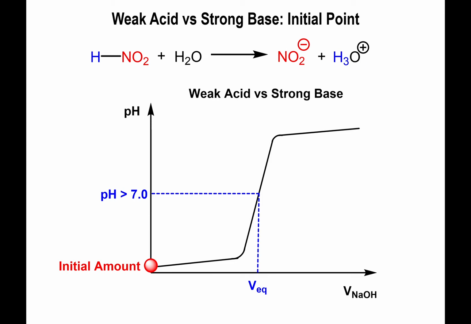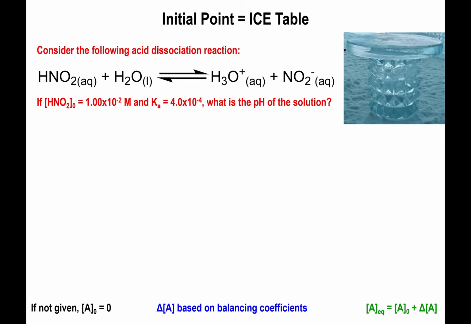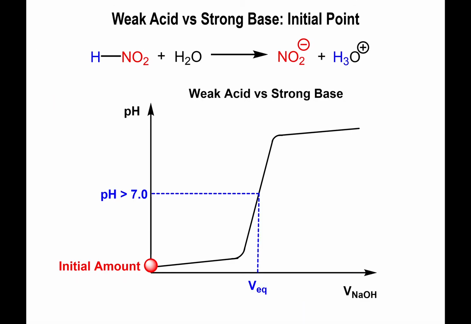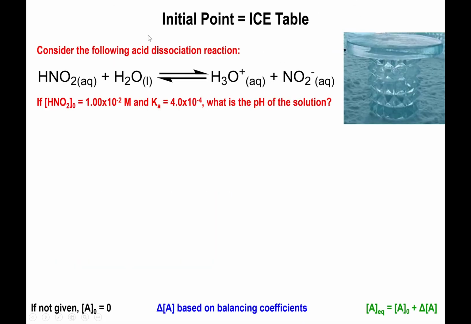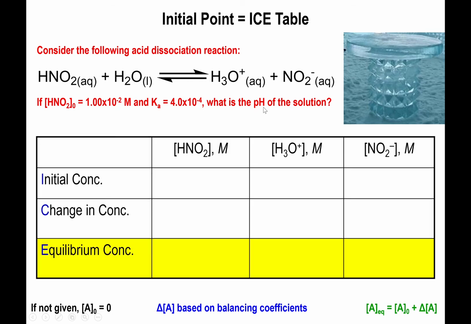Alright, so what we're going to do is set up a typical ICE table. In this problem, the initial concentration I'm going to use is 10 to the negative second molar for HNO2. The Ka value of HNO2 is 4 times 10 to the negative 4. So we're going to try to find the pH based on that info.